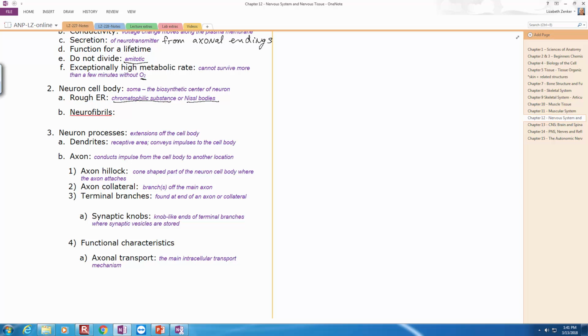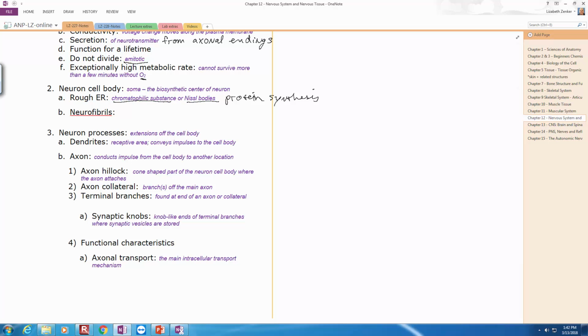Okay. So Nissl bodies, because it's rough ER, what does rough endoplasmic reticulum mean? It means you have ribosomes. Ribosomes mean protein synthesis, right? So if you see Nissl bodies, you see rough ER, you know that we're talking about protein synthesis. If we look at neurofibrils, so these are bundles of intermediate filaments.